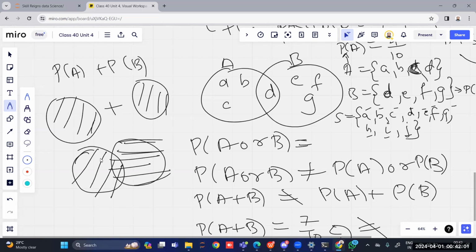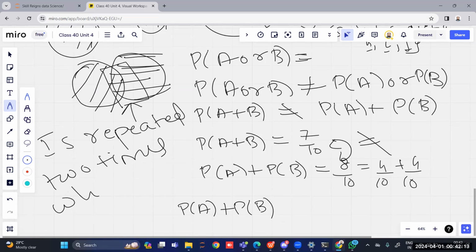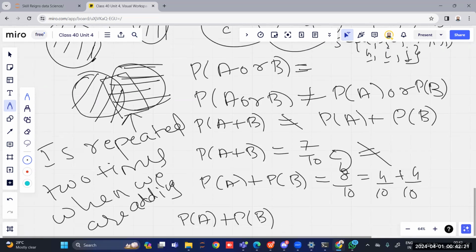This intersection part is repeated two times when we are adding. So to remove it, we want this intersection part one time. One time it is coming when we are adding this, and one time it is coming when we are adding this. Yes or no, Zaid? Is this clear? This thing must be understood. It is very important. This intersection part, the D part, is repeating in both. Yes or no? Tell me.